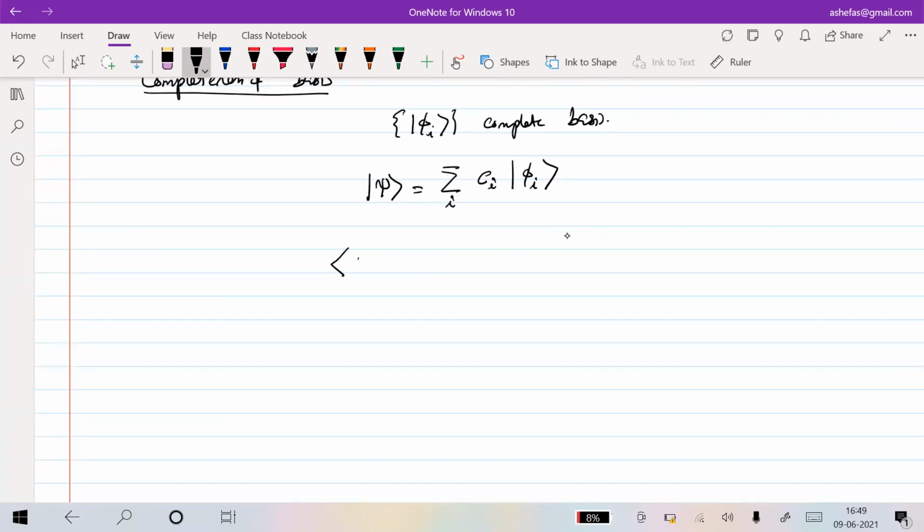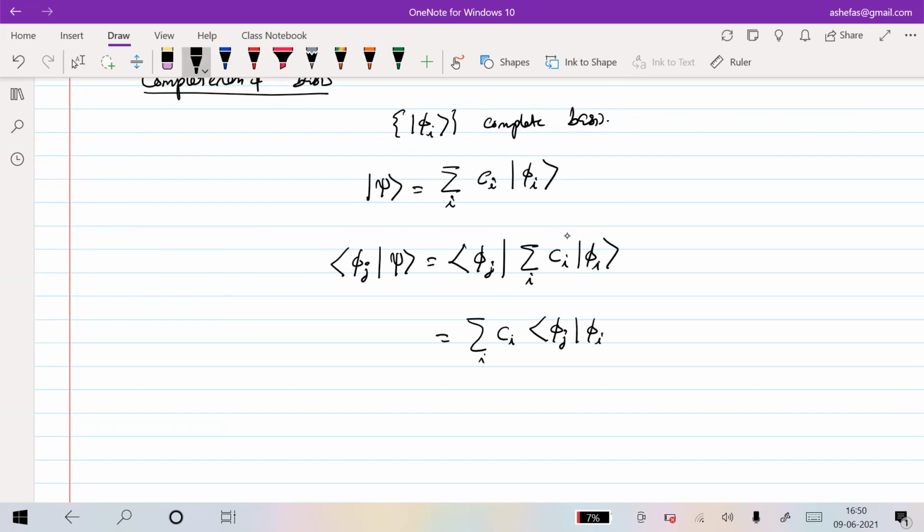Then take the inner product with phi j. So phi j with psi would give the inner product of phi j with sum over i ci phi i. So this sum over i ci can be taken outside using the distributive property of the inner product. So this becomes inner product phi j phi i.